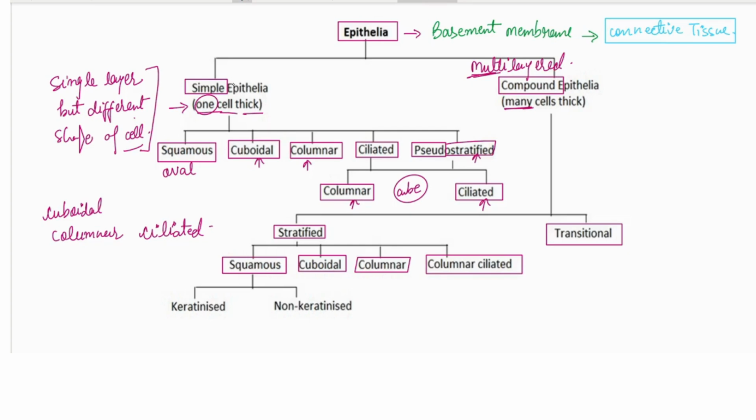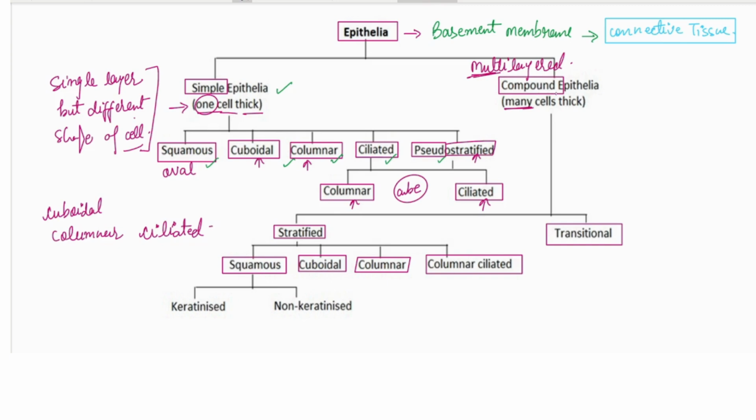Simple epithelium means single layer, compound means more than one layer. Simple epithelium may have different shapes: squamous, cuboidal, columnar. If cilia are present on the columnar, it is ciliated columnar; on the cuboidal, cuboidal ciliated. If it has the column shape and is ciliated, it is pseudostratified.